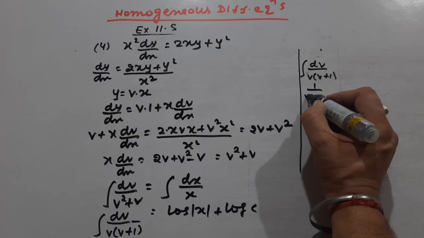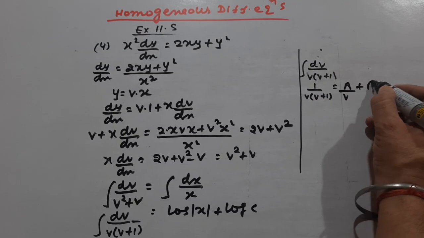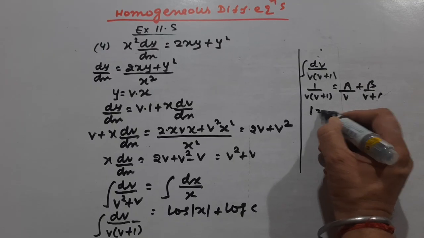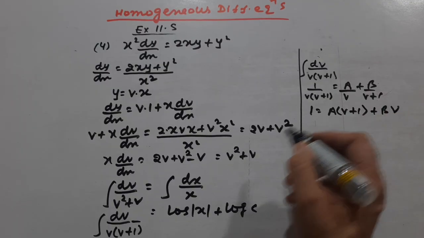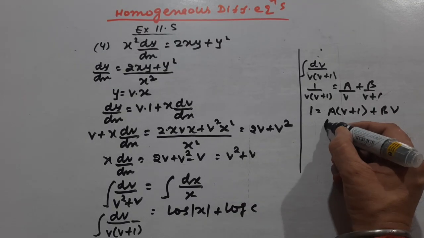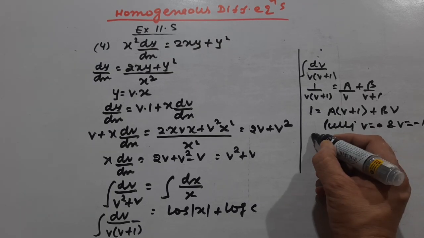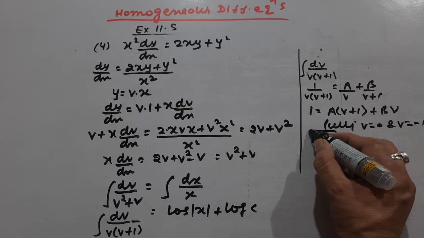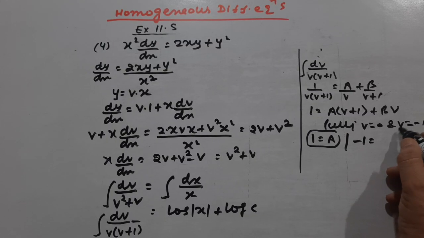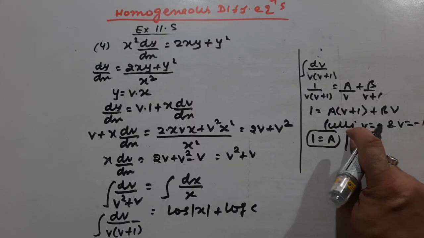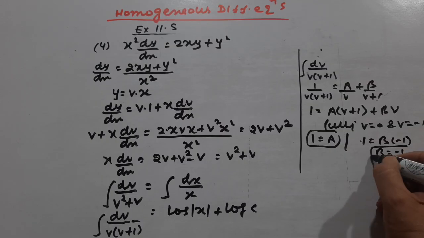So we write 1 upon v into v plus 1 as a upon v plus b upon v plus 1. So take the LCM. We know the method of partial fractions. Putting v equal to 0 and v equal to minus 1, when we put 0 we get a equal to 1, and when we put v equal to minus 1, we get 1 equal to b into minus 1, so b equal to minus 1.